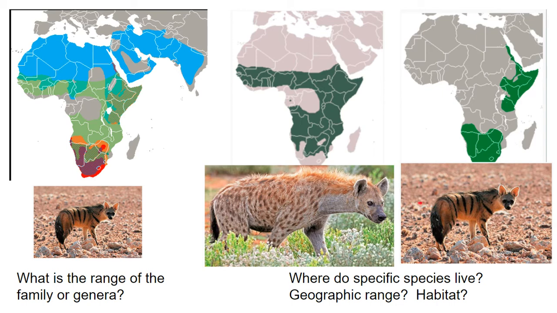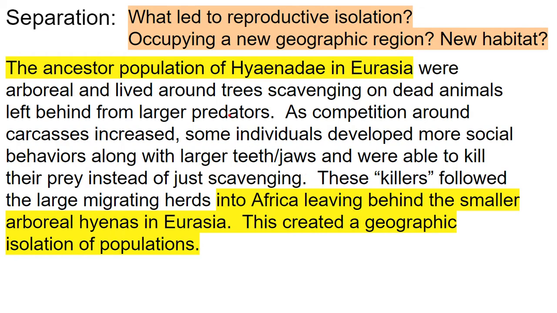Even though they are going to be closely related because they're within the same family, they have different adaptations based on different locations where they live. So the first thing you have to do is pick a species and figure out where they live, and then do a little research about what characteristics they have. And then you're going to have to go through this and explain the whole separation, adaptation, division to me.